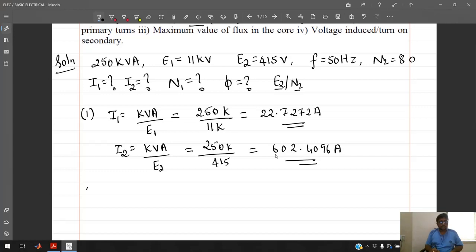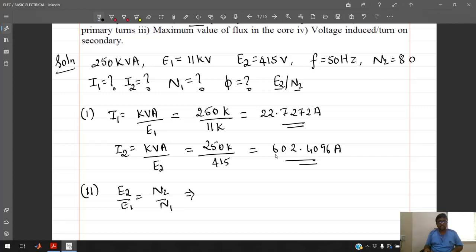Now they have told you the number of turns in the secondary. Whenever it is asked, you can apply the formula 4.44 f phi N1, N2. Using that formula you can apply, but the problem is that you don't know the value of the flux. But you know E2, E1, and N2. So directly you can apply the voltage transformation ratio E2 by E1 equal to N2 by N1.